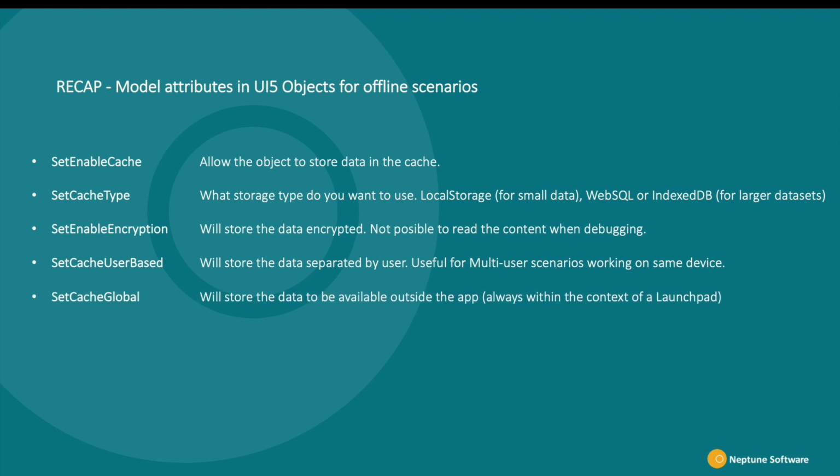Set cache global will store the data, but make it available outside of the app, so you can always use that offline application data in the context of the launchpad, in another application inside the same launchpad. And last but not least, set init load, where you define how you would like the data to be retrieved the first time. Remember there are different options: cache, online, or online when empty cache.